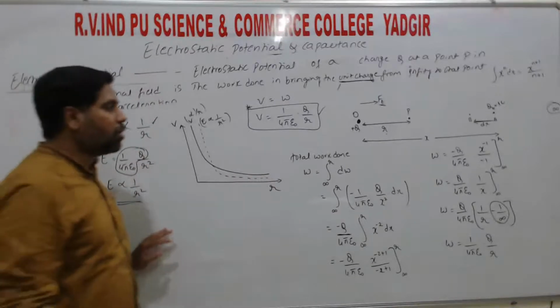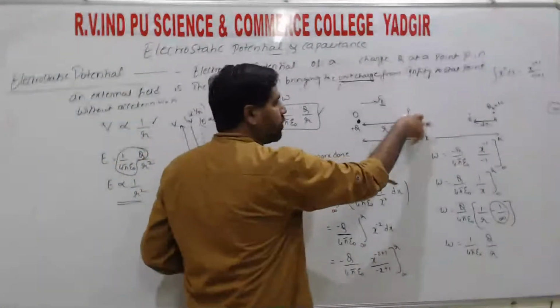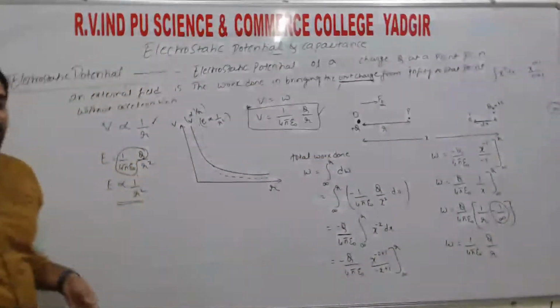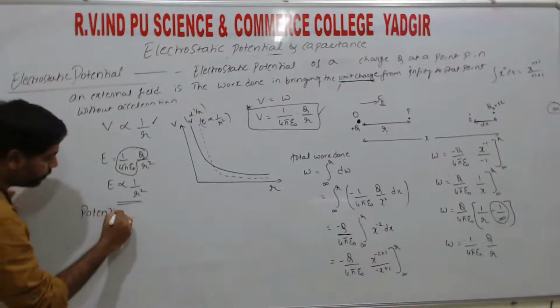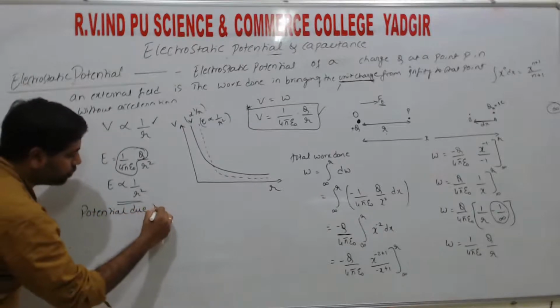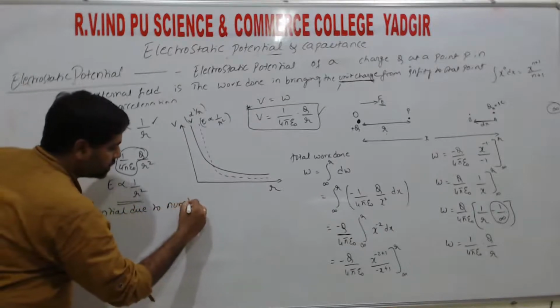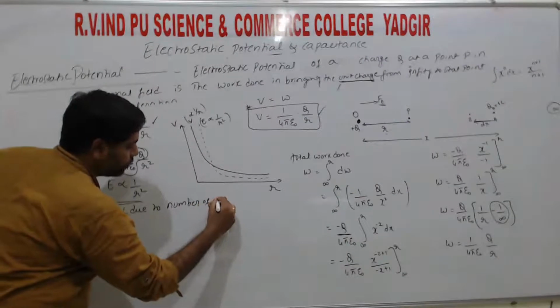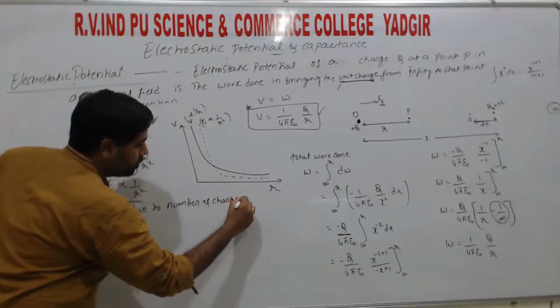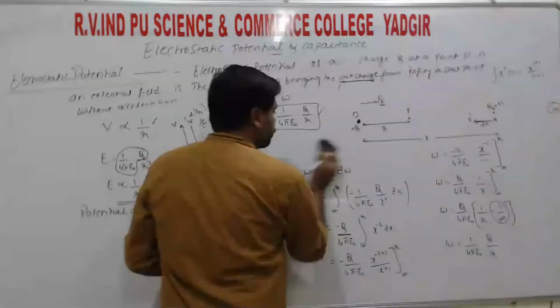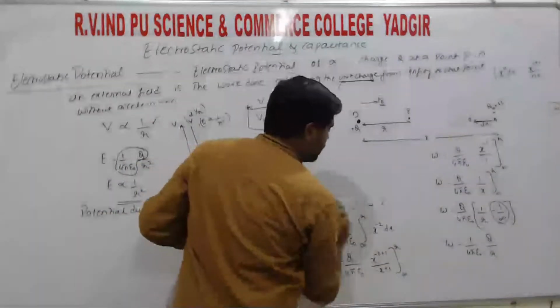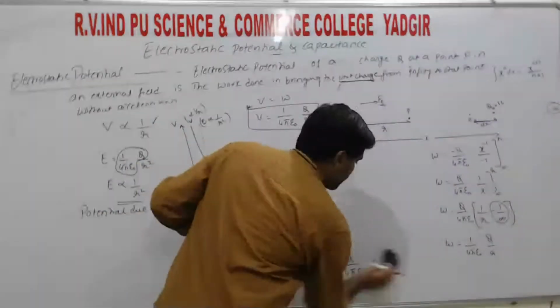So this is for the point charge. Now if we have a number of charges, that is the potential due to a number of charges, right? As we discussed earlier in both force and also in electric field.